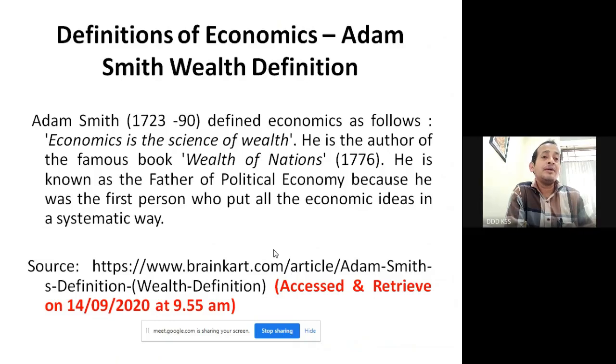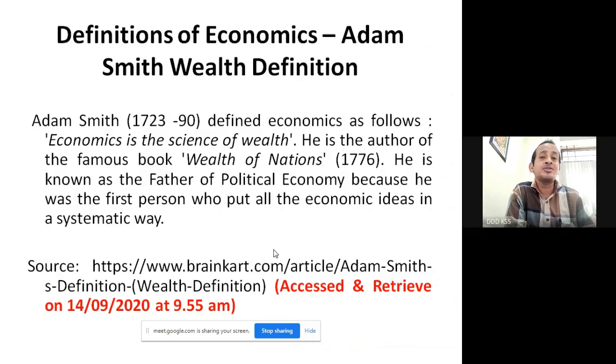Now, Adam Smith, in the period from 1723 to 1790, contributed a lot to economics, and he defined economics as the science of wealth.